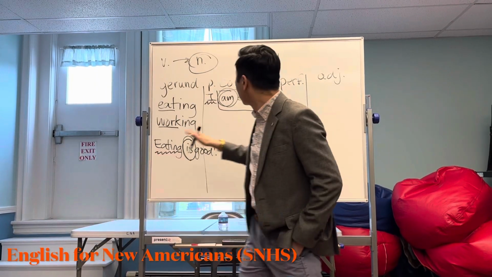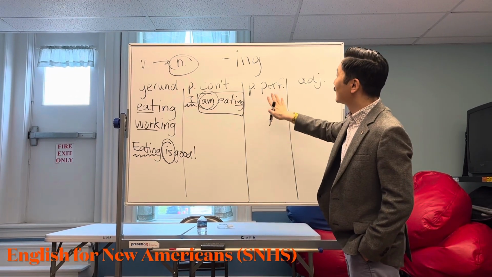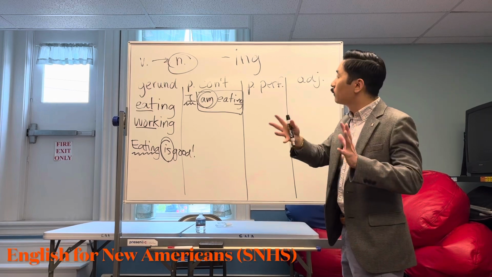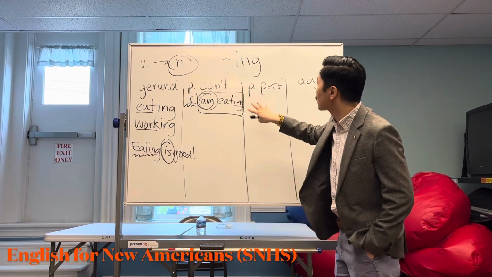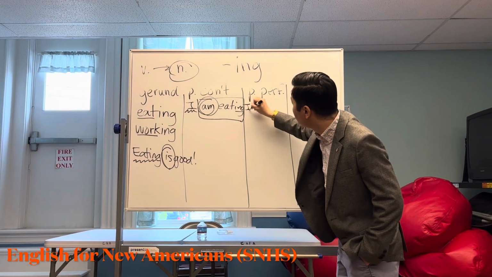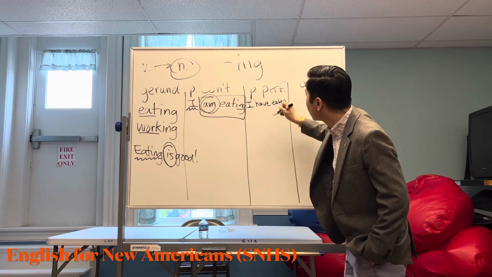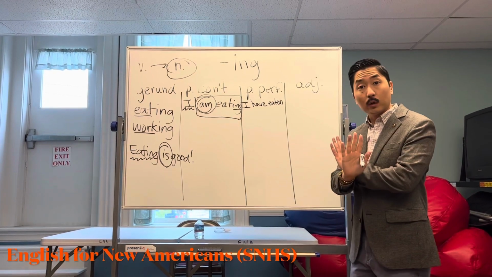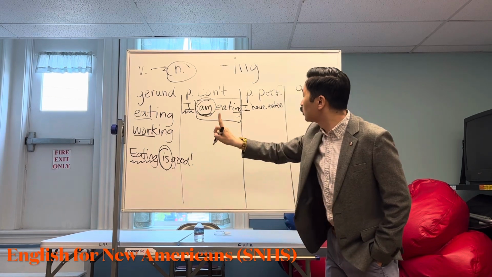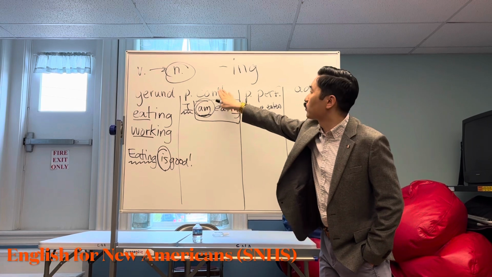Now, the next part here is present perfect or any perfect verb tense. This does not use ing, but I see a lot of students confuse present continuous with present perfect or past continuous with past perfect. So a quick example here would be I have eaten. Now today we won't go over the rules, but just remember, if we have am, usually we're going to use a verb plus ing if it's present continuous.